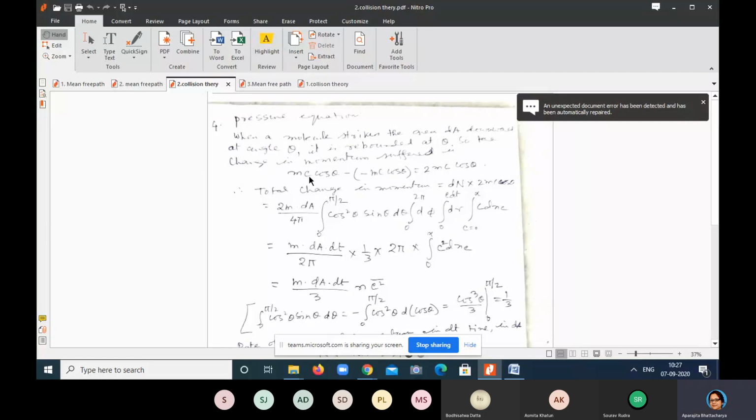Just compare this definition of pressure with our previous derivation of the kinetic theory of gas, where the definition of momentum is the same.